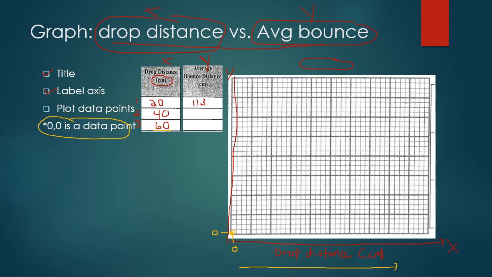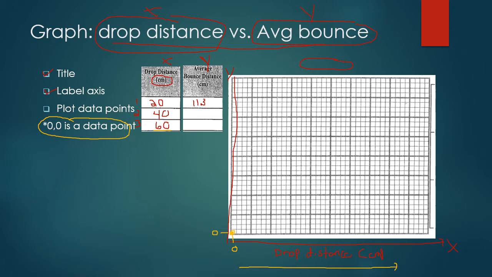If I dropped that tennis ball from 0 centimeter distance, how high would it bounce? 0, right? If you drop it from 0, it's not going to bounce, so the bounce distance will also be 0. So this actually is a data point that you're going to want to use when you draw your best fit straight line. So there's my first data point.